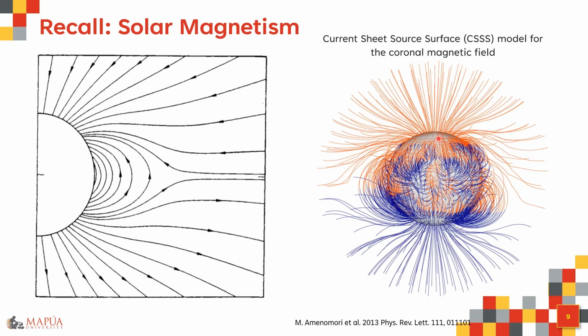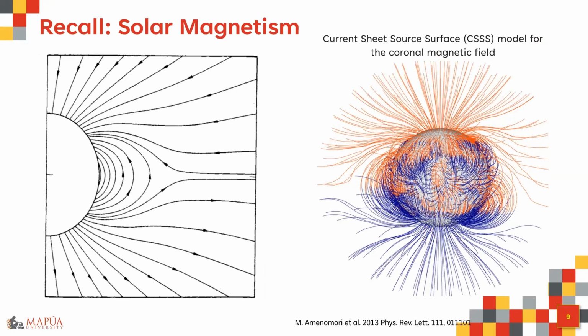Okay, so as you can see in this figure, the left-hand side is a schematic diagram of the different kinds of components that you can see in the surface as a magnetic field configuration, exterior to the sun. Okay, so the left side is actually a model called the current sheet source surface model for the coronal magnetic field.